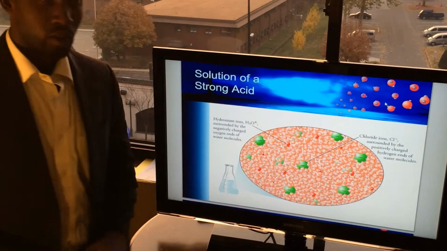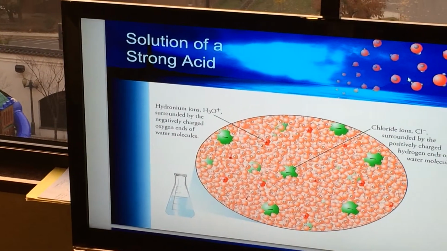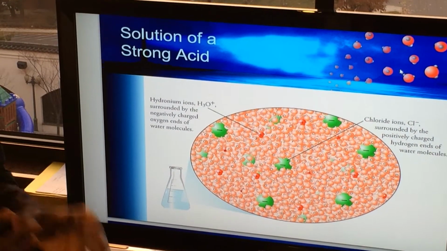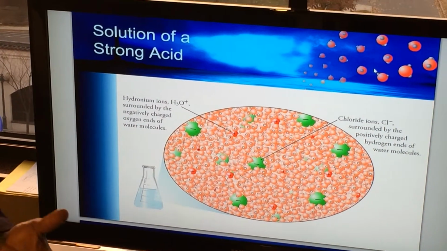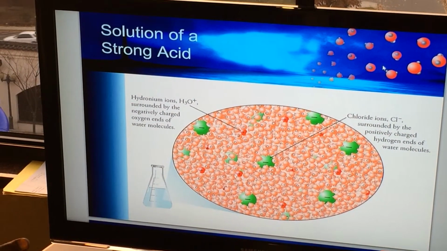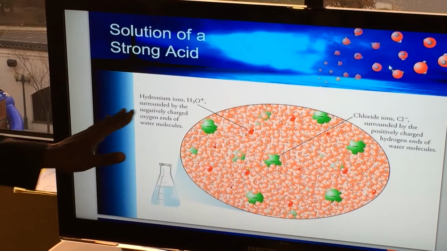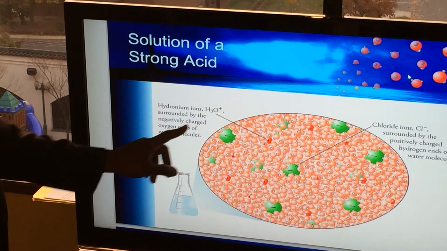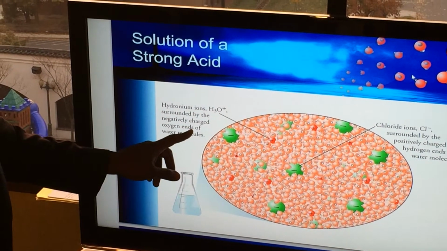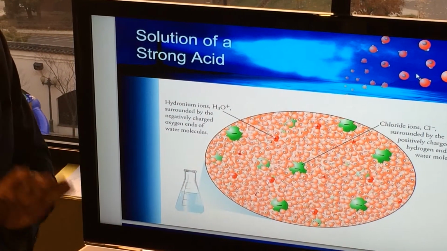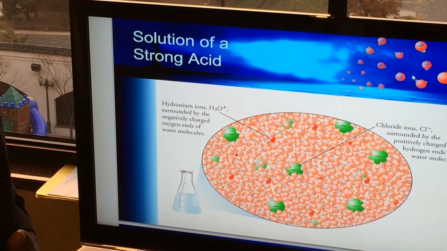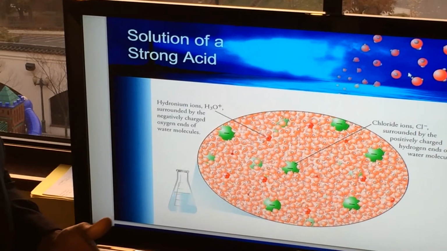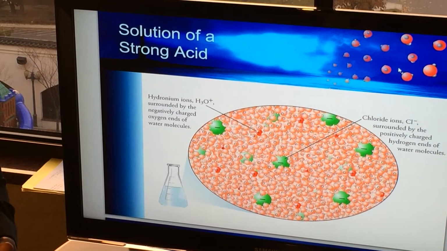So we know that typically solutions of liquids have molecules which are very densely packed, but they have the kinetic energy to slide past one another. A solution of a strong acid has hydronium ions surrounded by negatively charged oxygens, which are present in other water molecules. So you remember how you have lattices that form from sodium chloride ionic compounds?